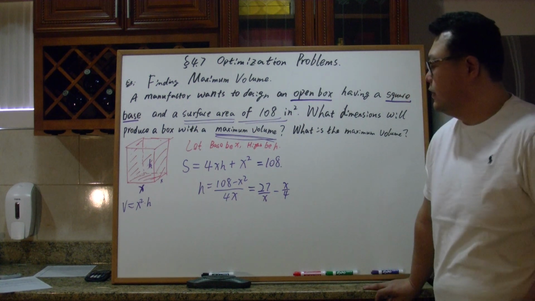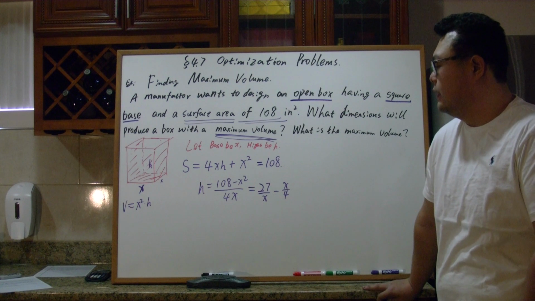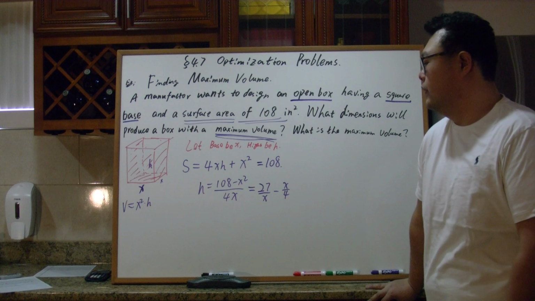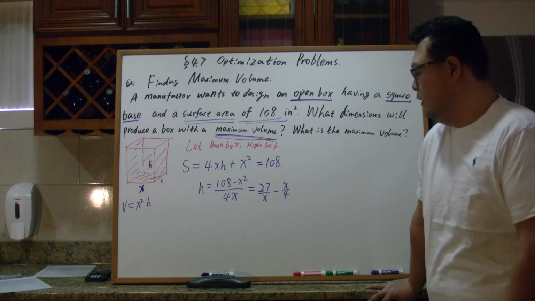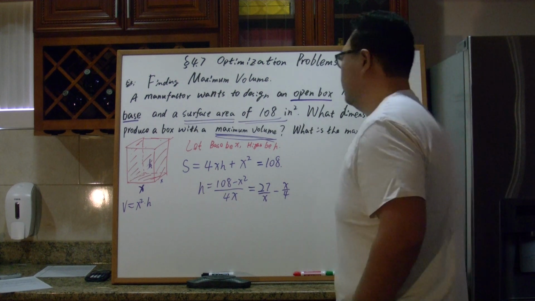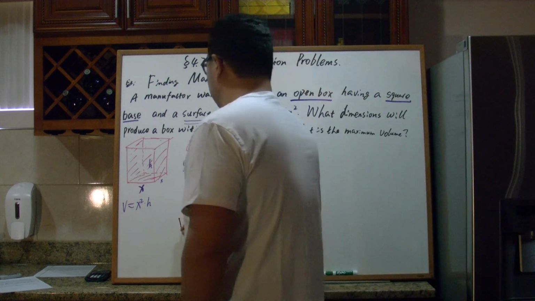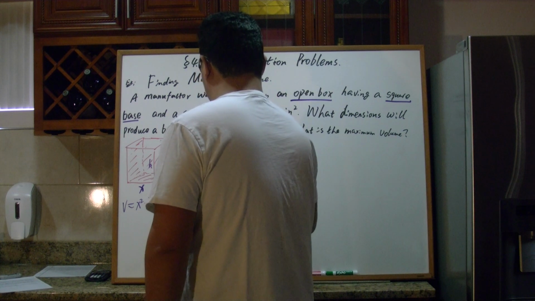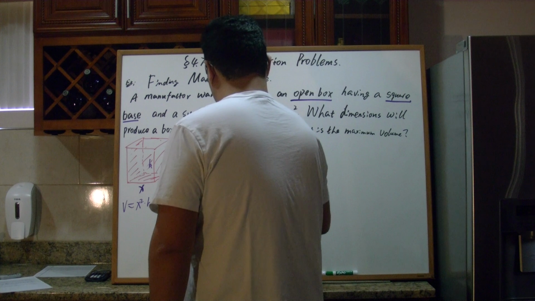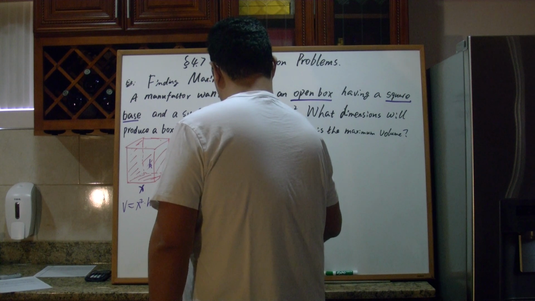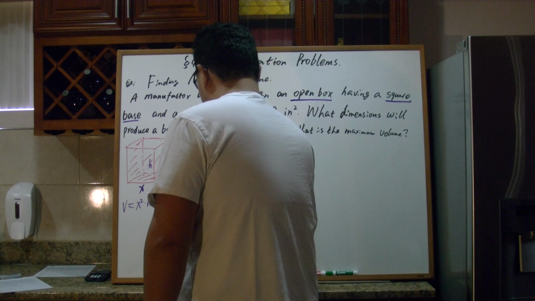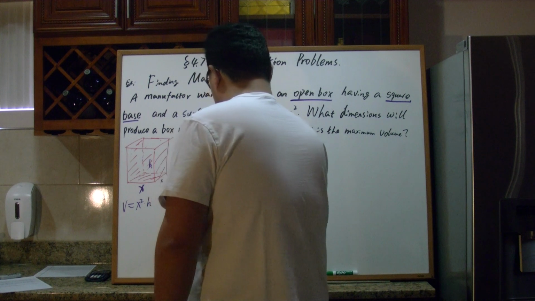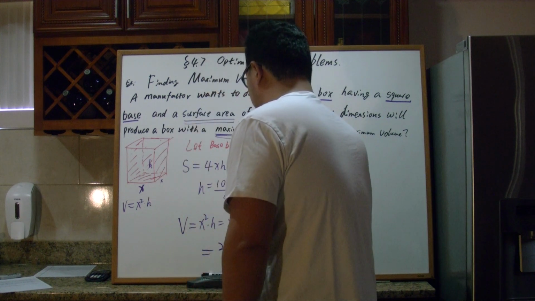So we get h to be a function of x, that is 27 over x minus x over 4. Therefore, our volume is x squared times h, that's x squared times (27 over x minus x over 4), which is 27x minus x to the third over 4.